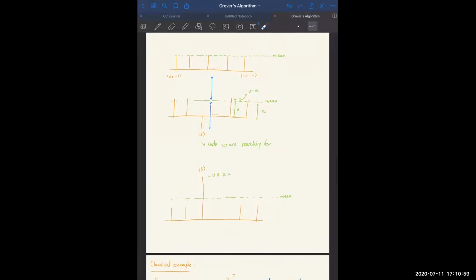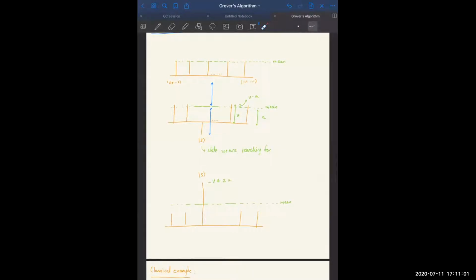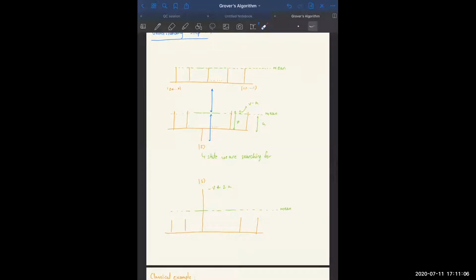So how do we mathematically represent a flip about a mean? Mathematically, what actually happens is, if the state is V, then minus V plus 2A is the output of flipping it. You can look at it: this is V, and this is A. So it's actually minus V plus A. We do minus V plus A, times 2, that will be this whole thing.